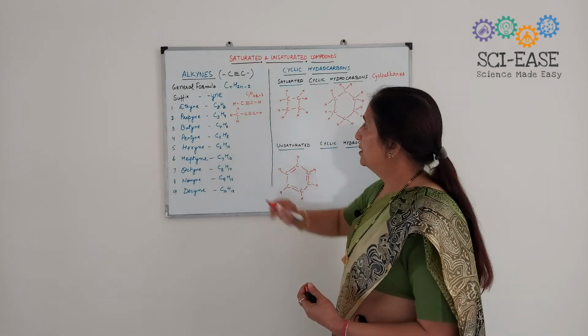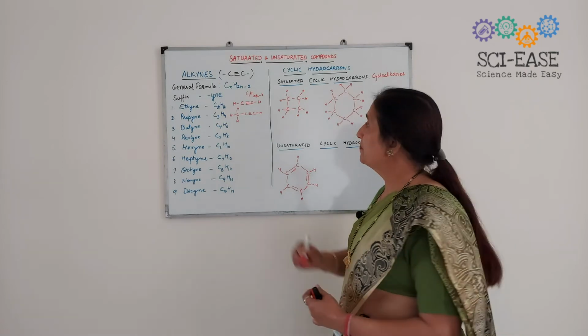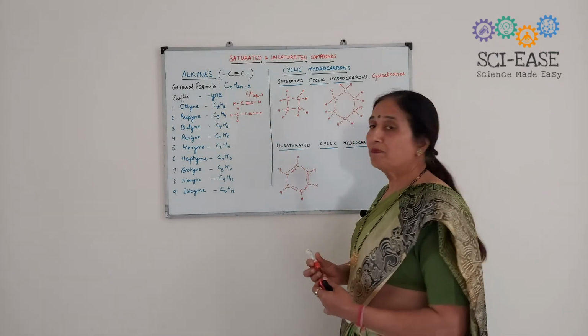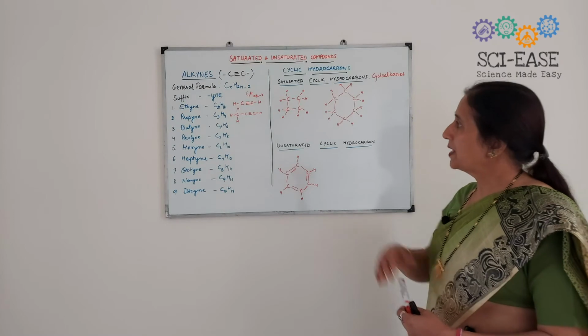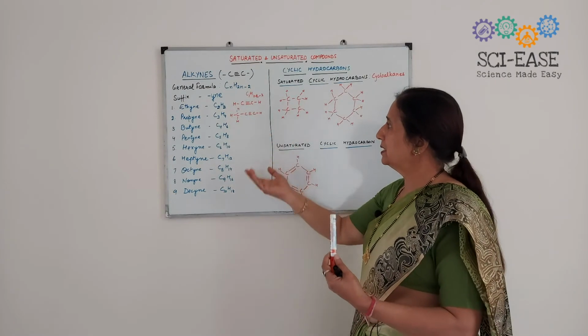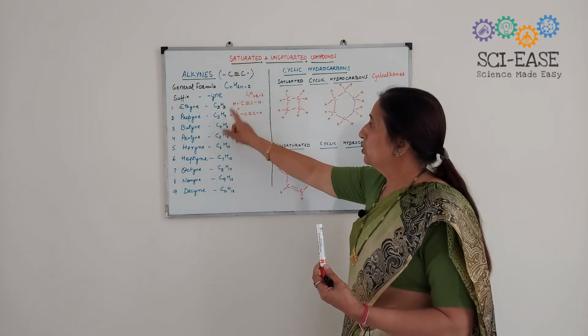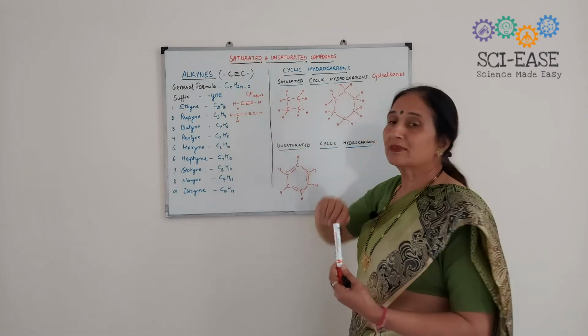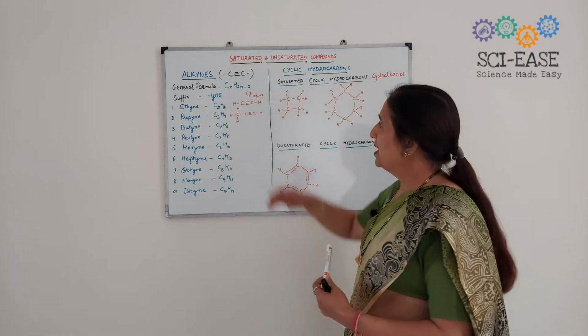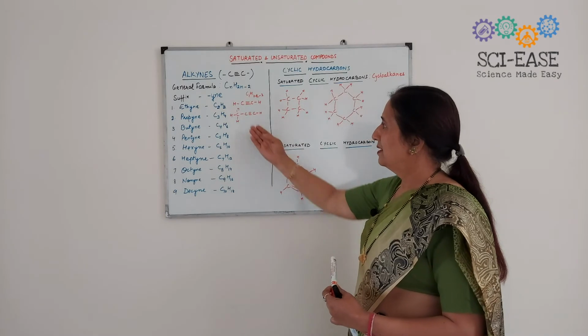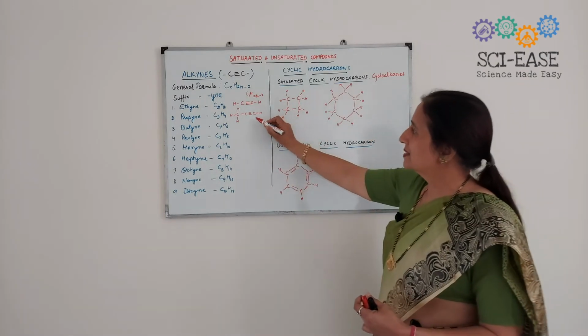First, the chain of 3 carbons. Then put a triple bond here between the 2 carbons. Anywhere you can put it, but then there will be only 1 hydrogen towards this end and 3 hydrogens toward this end. And then fulfill the valency. Now it is like this.